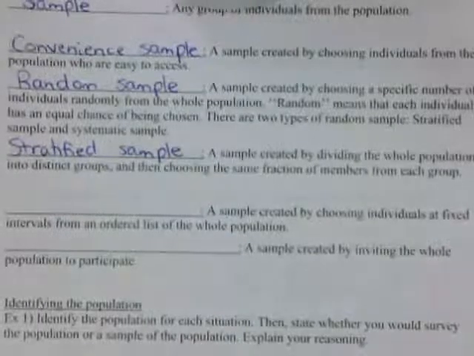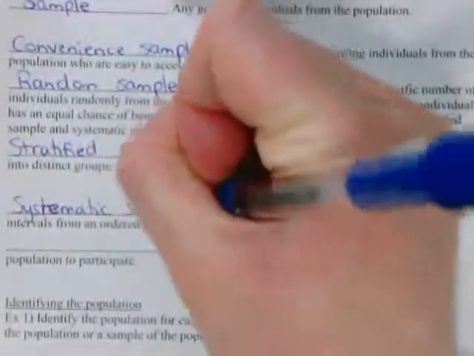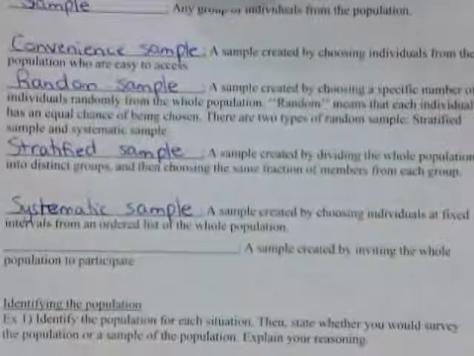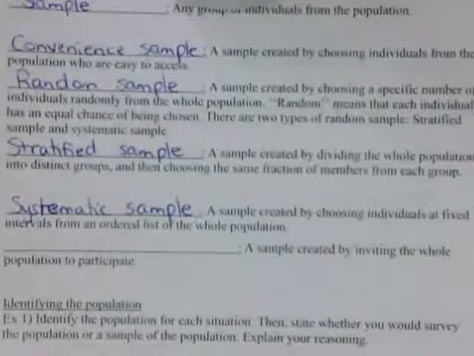Next type of random sample is called a systematic sample. And a systematic sample has kind of a system in place. So it's a little bit different. But basically, you're choosing individuals at a fixed interval from a list.